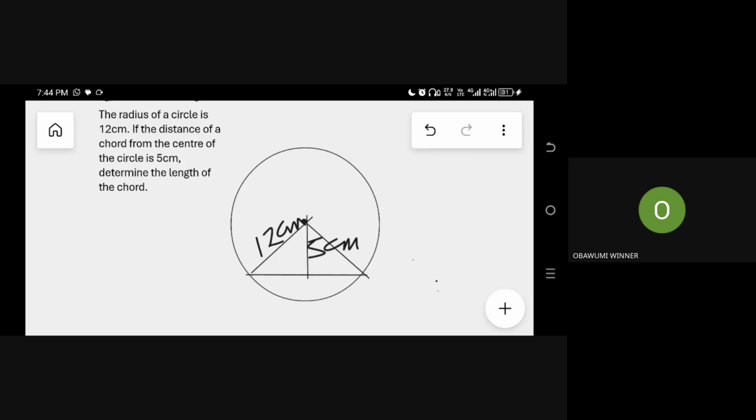So I am actually looking for the length of the chord, that is the horizontal line at the bottom. They're asking me to look for the length of the chord. We have looked for the length of a chord before when we said 2r sine theta over 2.